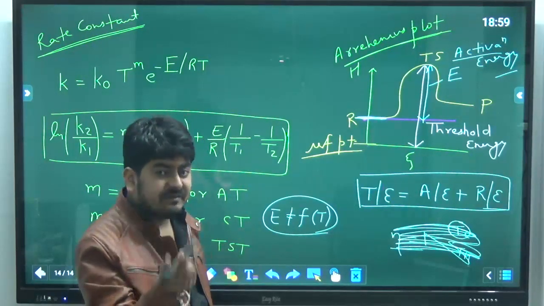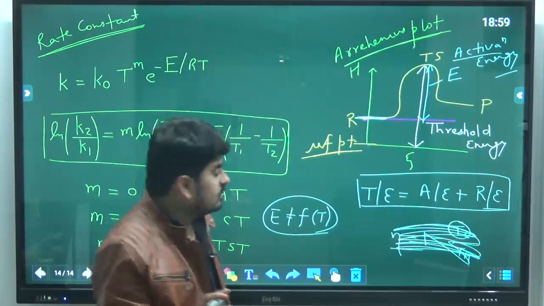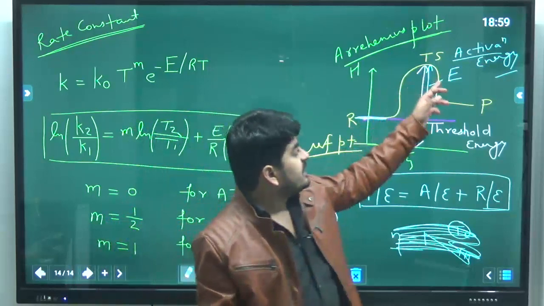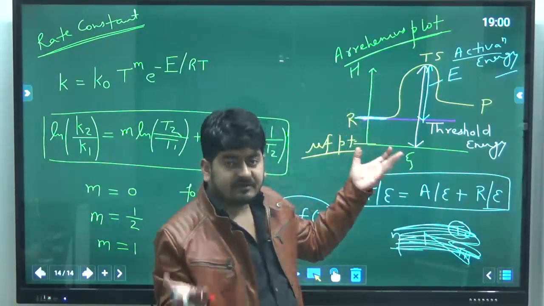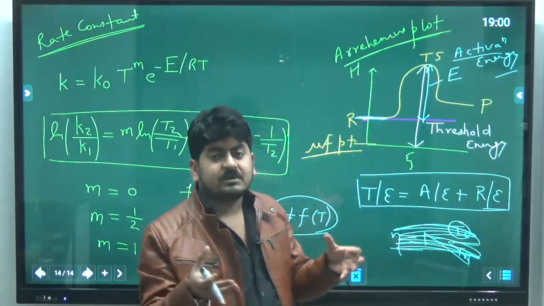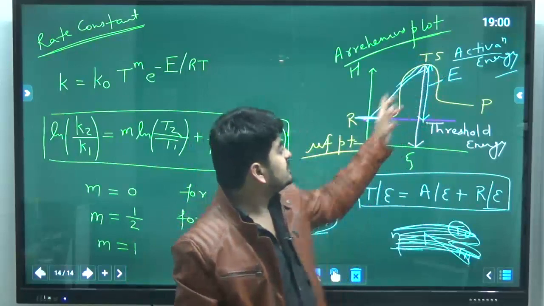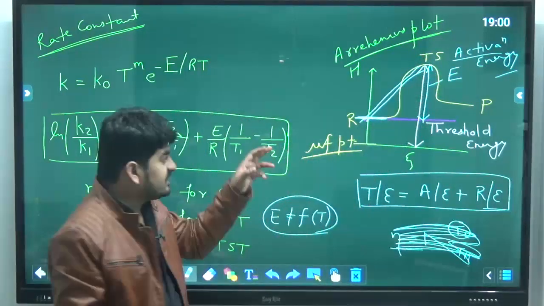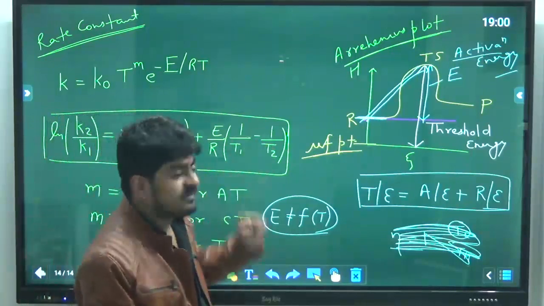It is difficult for the products to get back into the transition state. Reactants are going there, and transition state molecules may also go back to the reactant side after forming the old bonds one more time. So equilibrium is possible between reactant and transition state only, because it is a two-way process. It is possible only between these two.